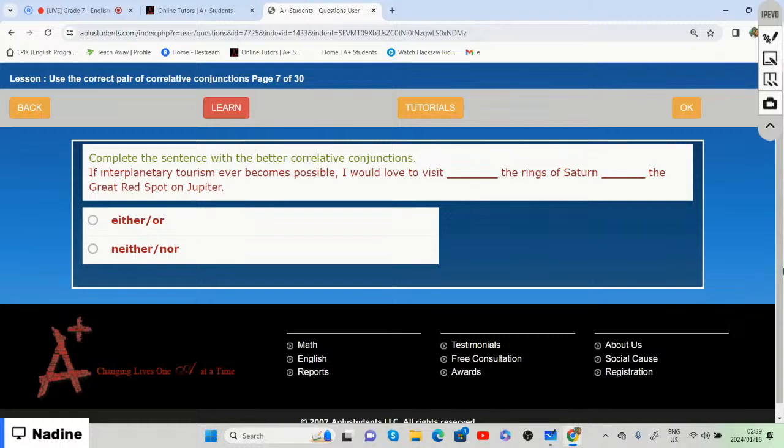If interplanetary tourism ever becomes possible, I would love to visit either the rings of Saturn or the great red spot of Jupiter.